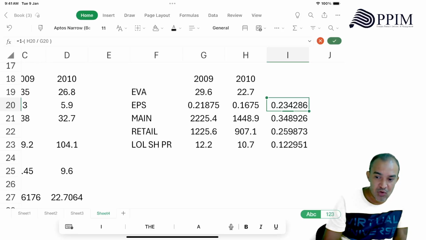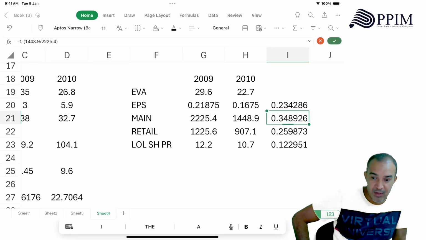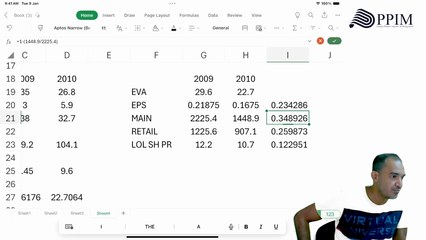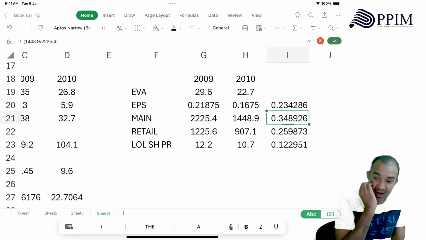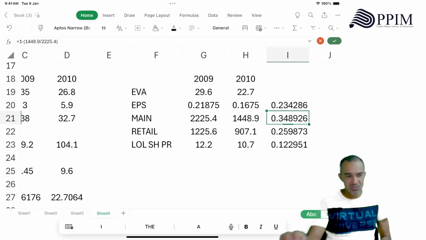Main retail index dropped by 34%. This is something equal to the All Share Price Index, ASPI, the share market all share index. Then the retail sector index dropped by 25%. Company share price dropped by 12%. What kind of conclusion can you make? That's the most important thing.